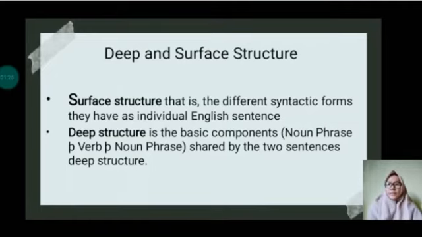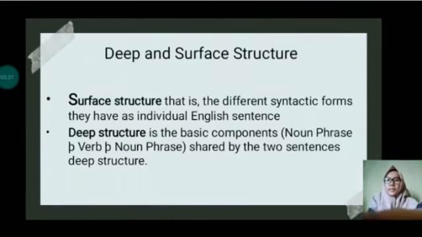The deep structure from this example is it was Charlie who broke the window and the window was broken by Charlie. From this example, we explain the two sentences that can be represented.